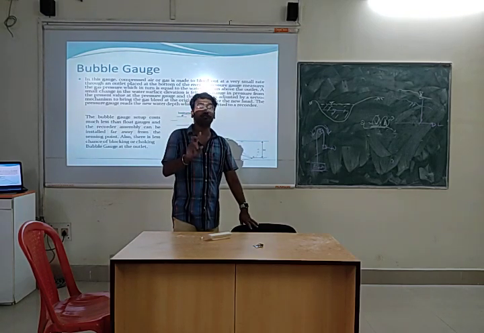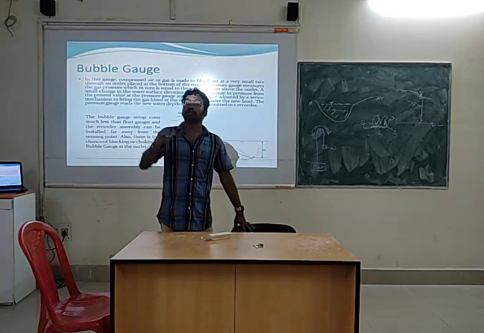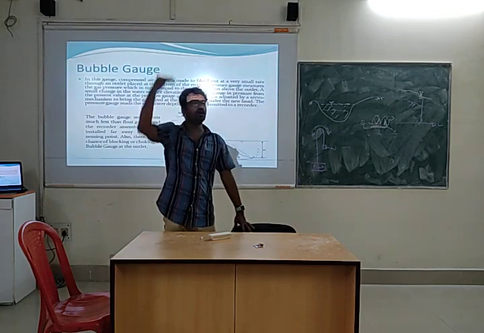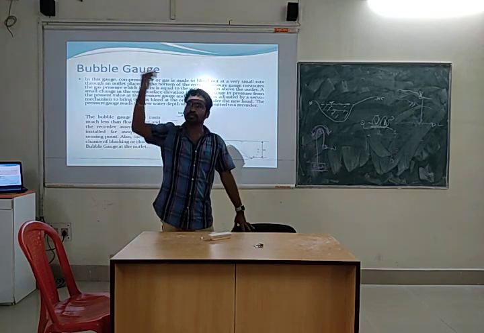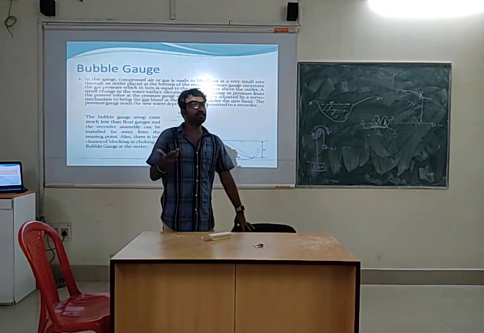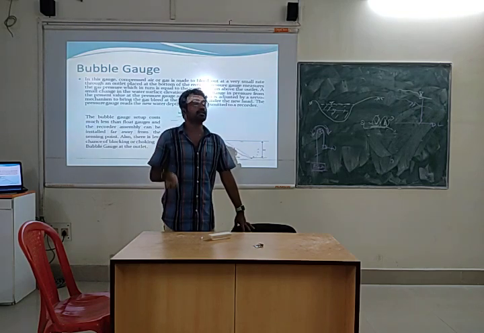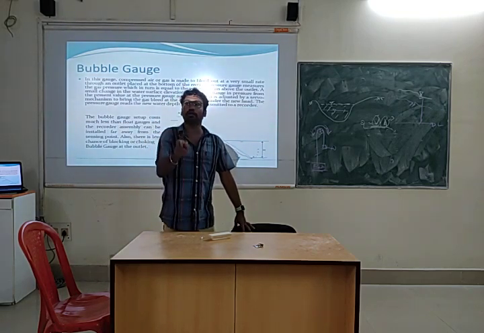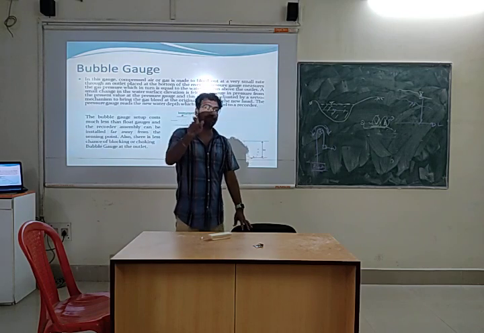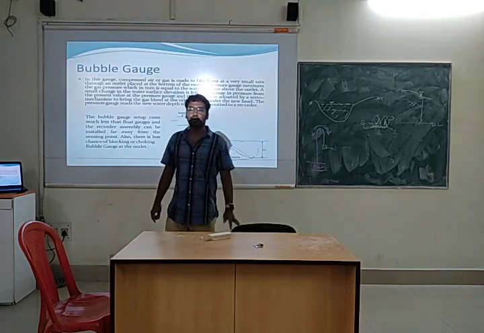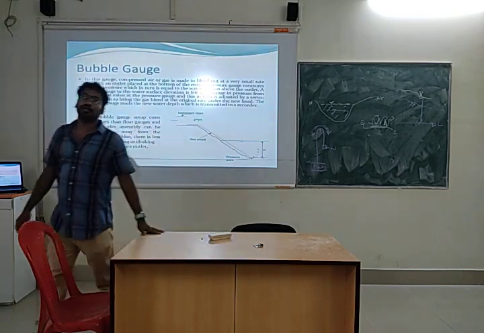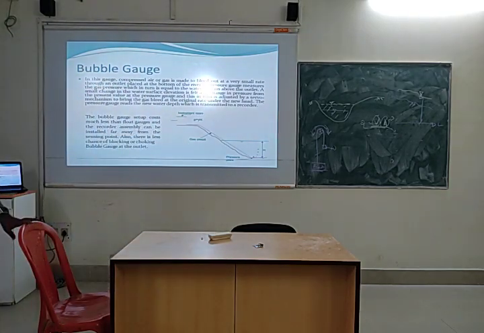And when will it change? It will change only when the elevation is higher or lower. Maybe elevation is rising, so obviously pressure will rise. If elevation is falling, then pressure will drop, right? Now if there are any changes in the water column, that will affect the pressure at the bubble, and we can measure the pressure over there, and by converting the pressure with respect to the height of the water column, we can get the difference in the elevation.